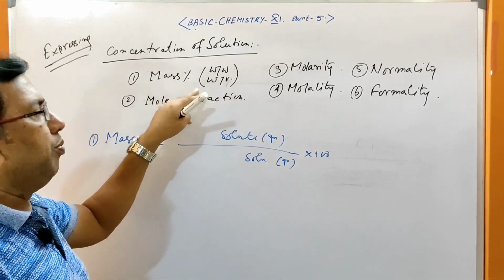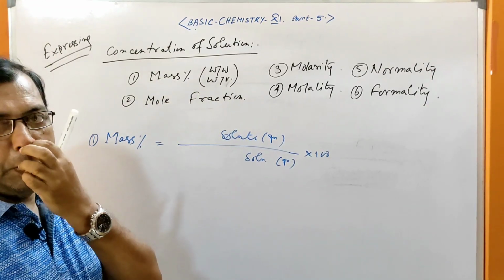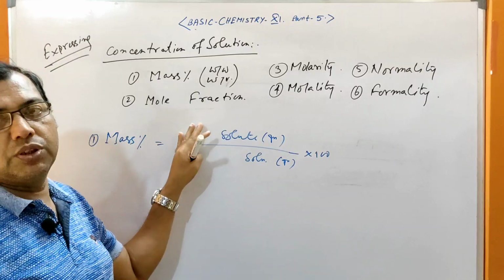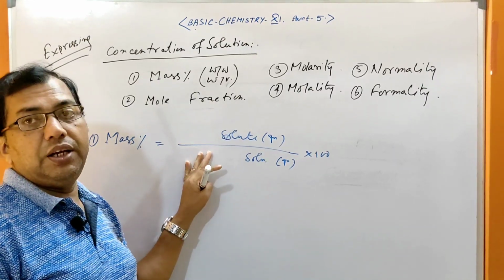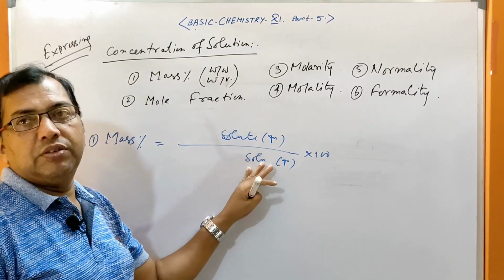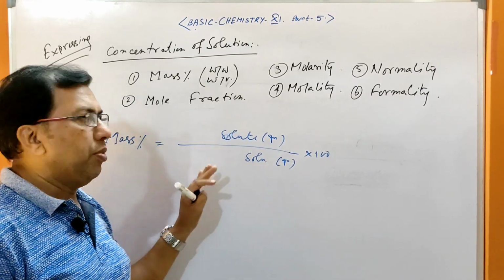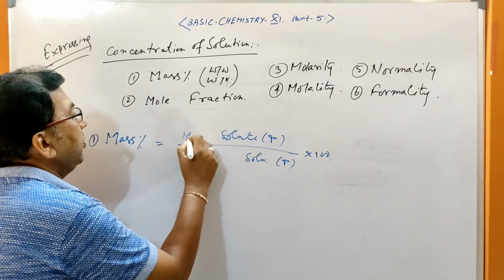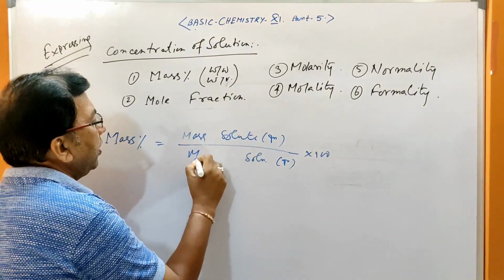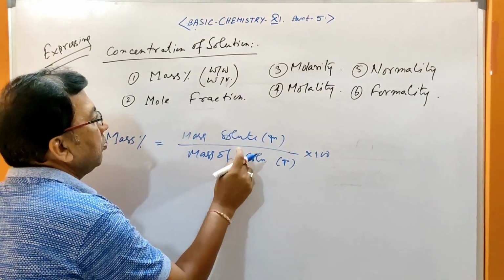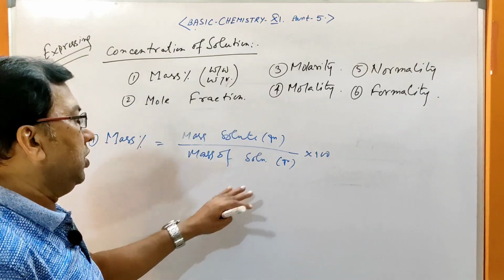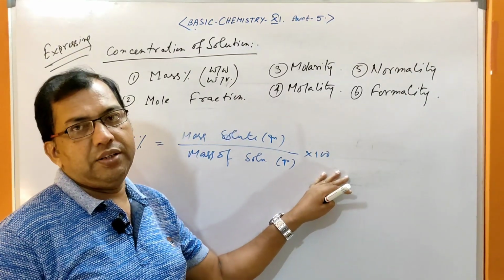Mass percent is W by W, and W by V I am coming to. It is the amount of solute in gram present in 100 gram of solution. So mass of solute in gram, mass of solution in gram, into 100.